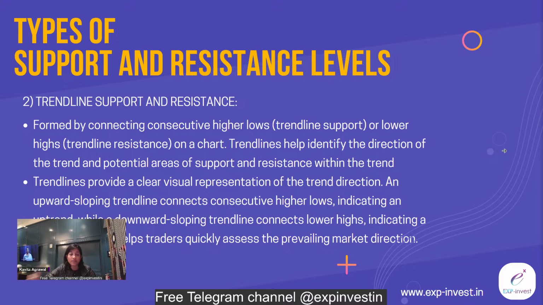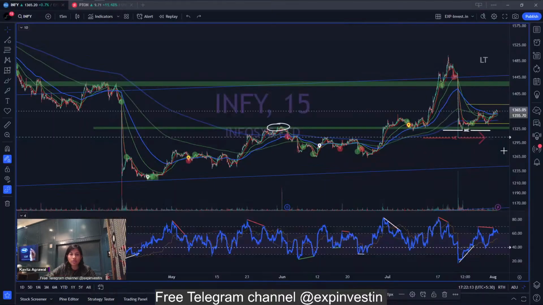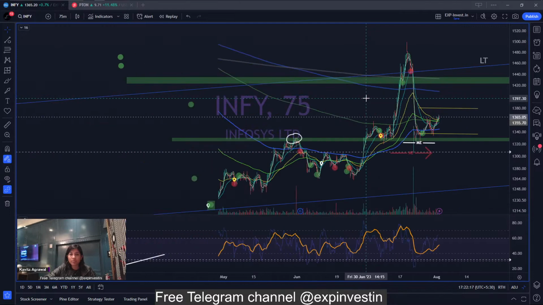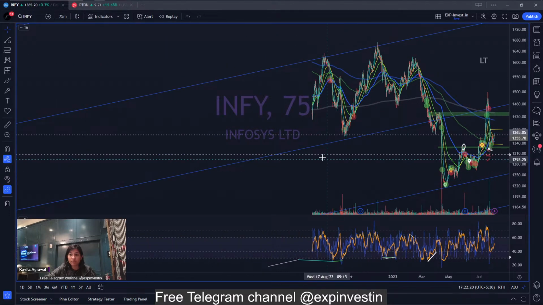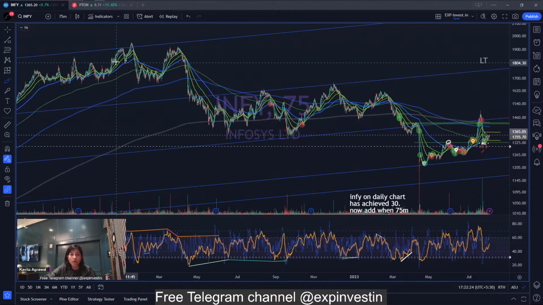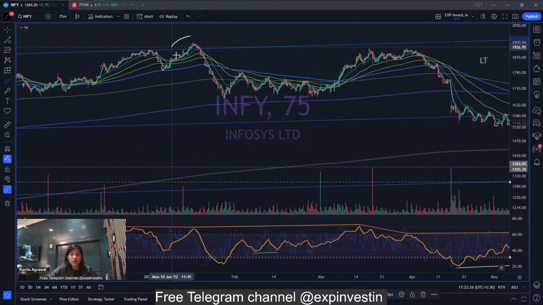In order to see this, let's go back to the chart of Infosys. Here on the 15-minute time frame, or let's move on to the 75-minute time frame, we can see that the trend line which has already been drawn has proved to be good resistance multiple times.